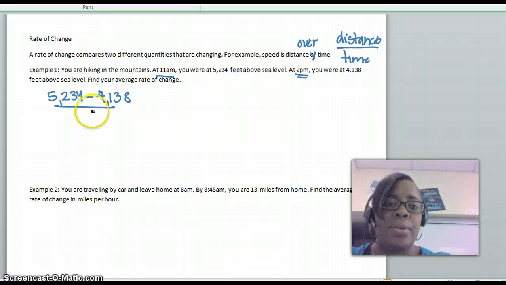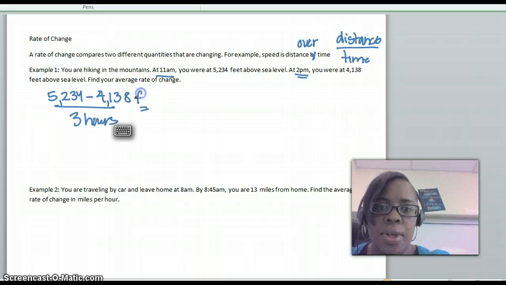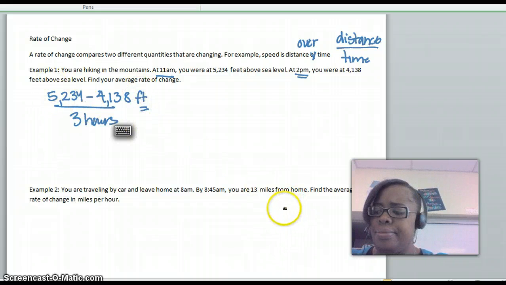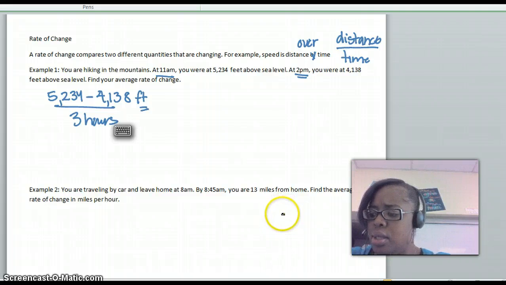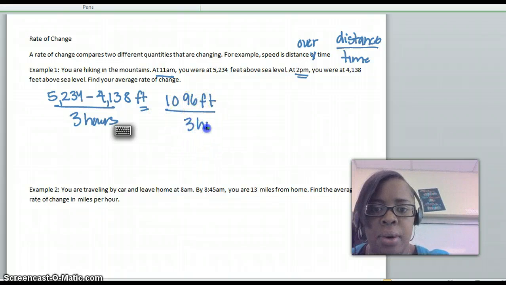That's 3 hours right there. And this on top is in feet. So when I subtract these two numbers, we get 1,096 feet on top over your 3 hours.